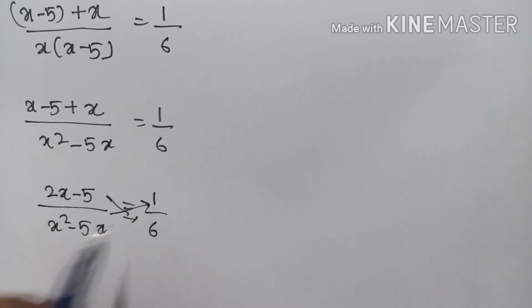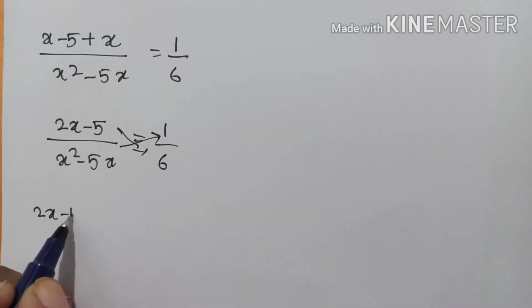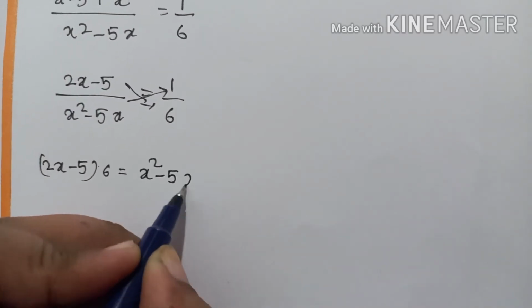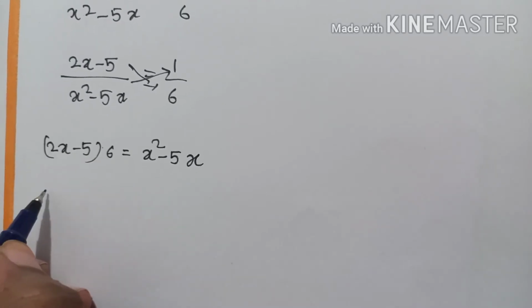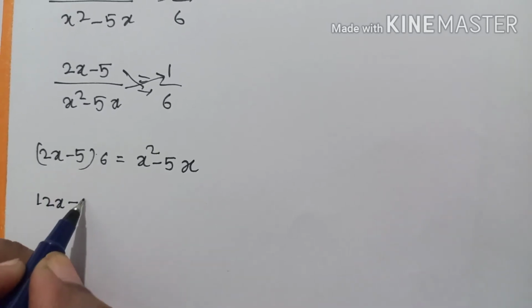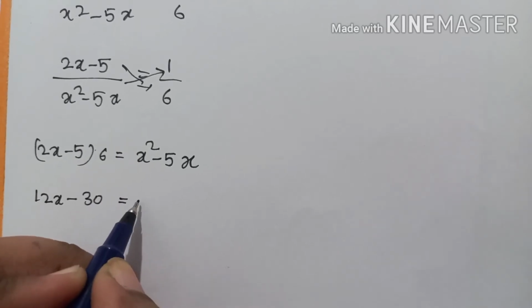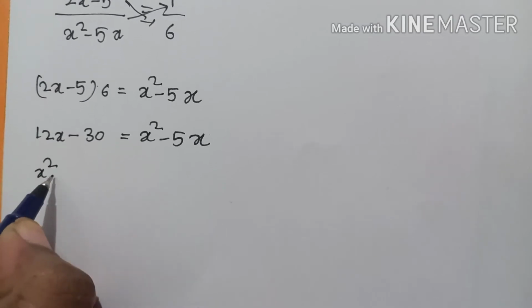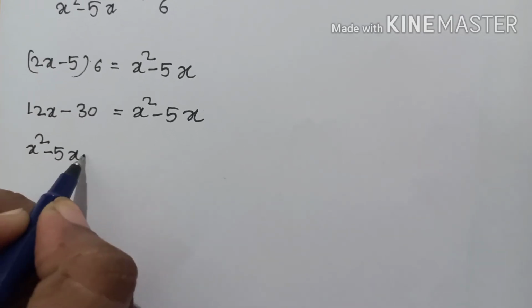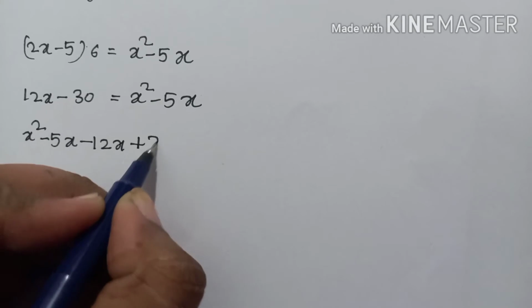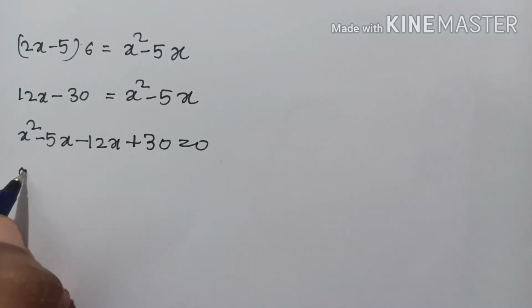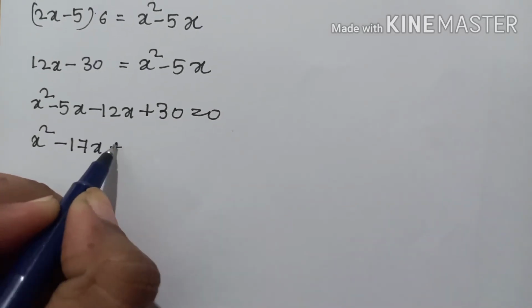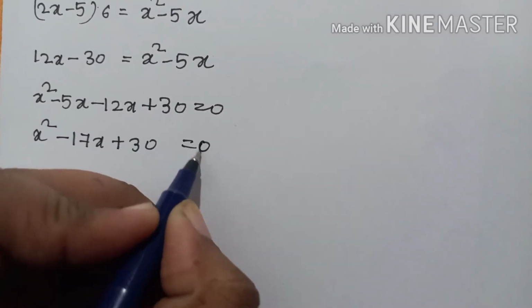Now cross multiply both sides. 2x minus 5 into 6 equals x square minus 5x. Here 6 into 2x is 12x, 6 into 5 is 30, that equals x square minus 5x. Now taking all the terms to one side, x square minus 5x minus 12x plus 30 equals 0, that is x square minus 17x plus 30 equals 0.